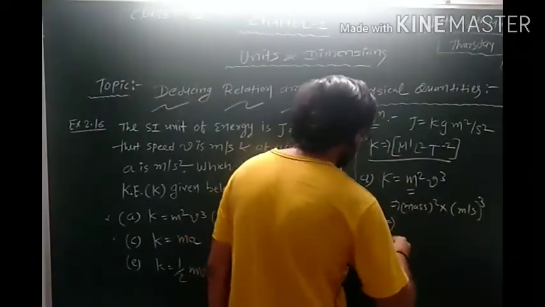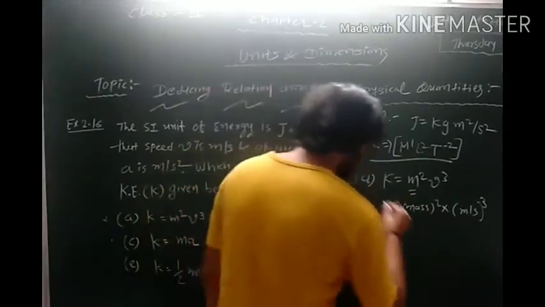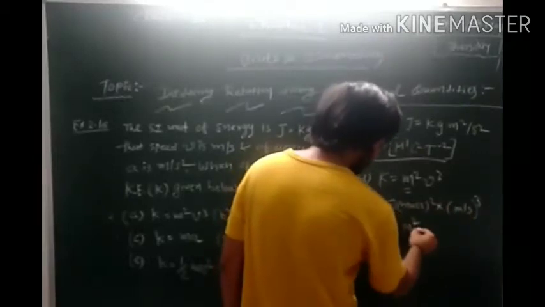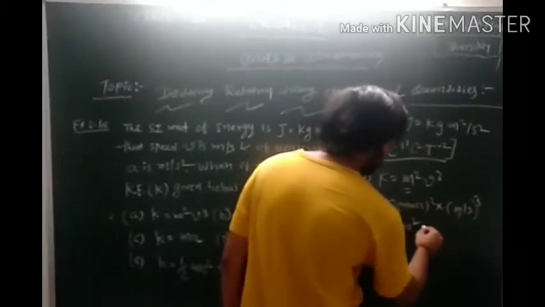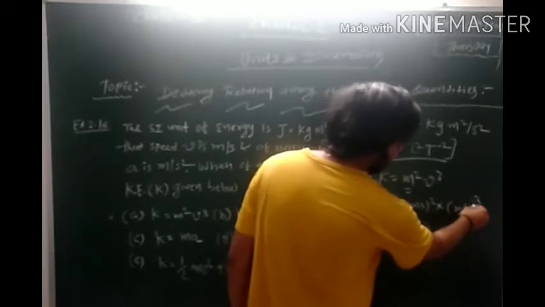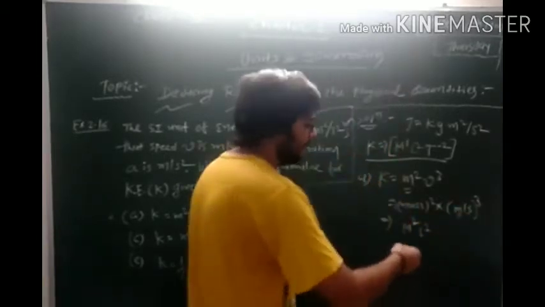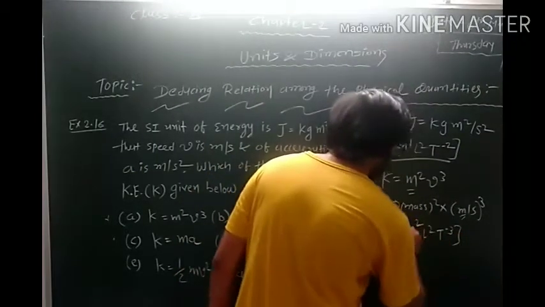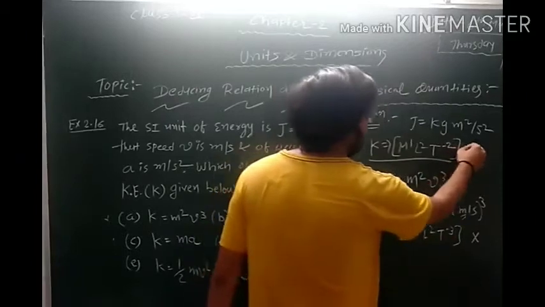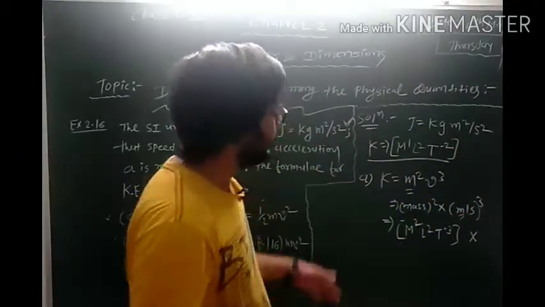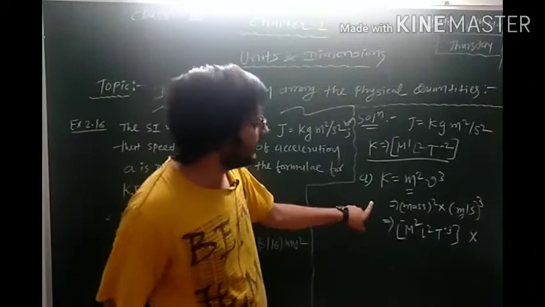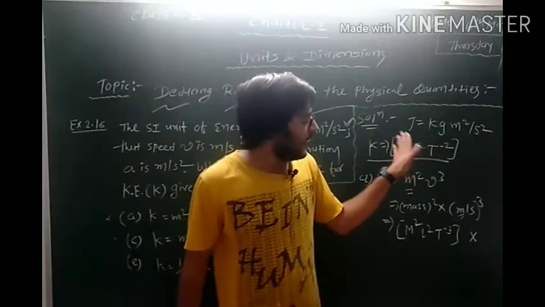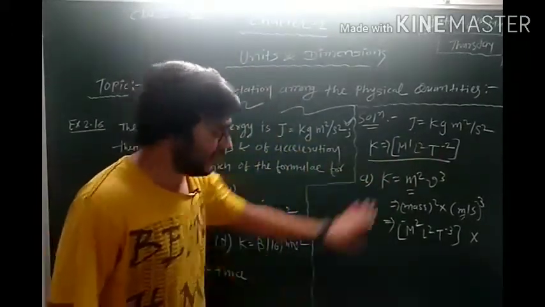So we can write the dimensional formula of this equation as M square, L cube, and time T raised to the power of minus 3. So this formula doesn't match the dimensional formula of our kinetic energy.